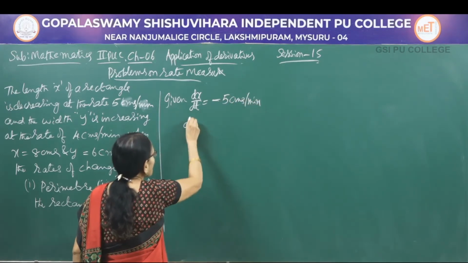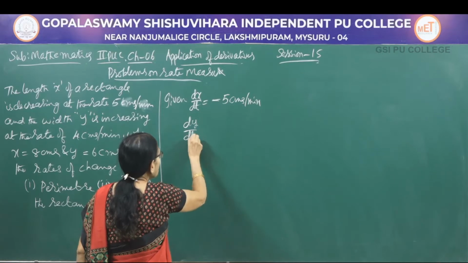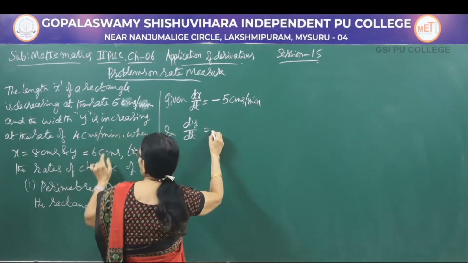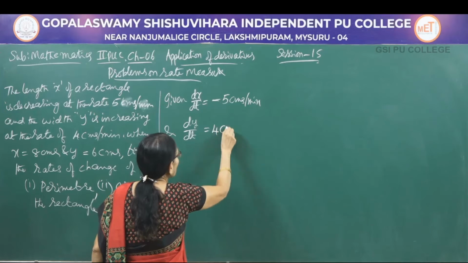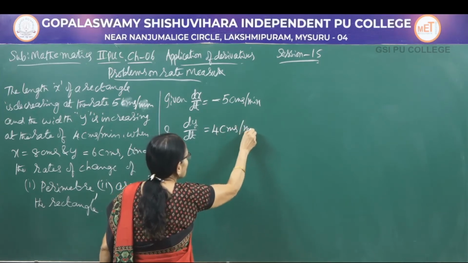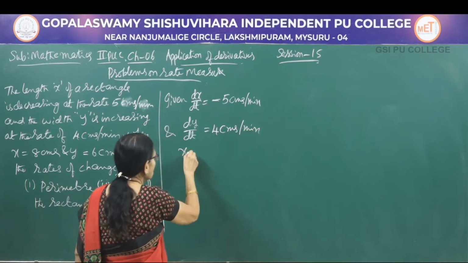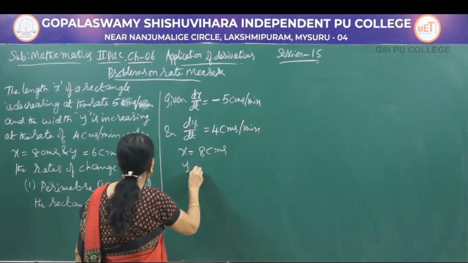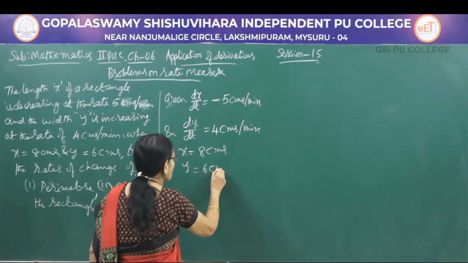Next, the other data is dy by dt, the width is increasing, so take it as it is, 4 centimeters per minute. And then what is given for length and breadth? x is 8 centimeters and y is 6 centimeters.